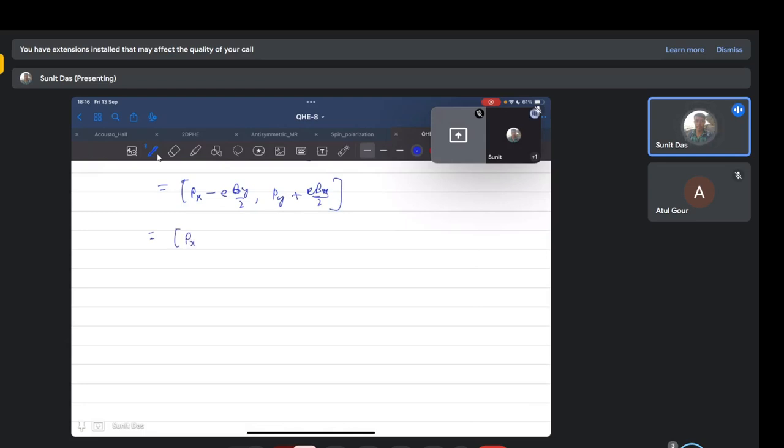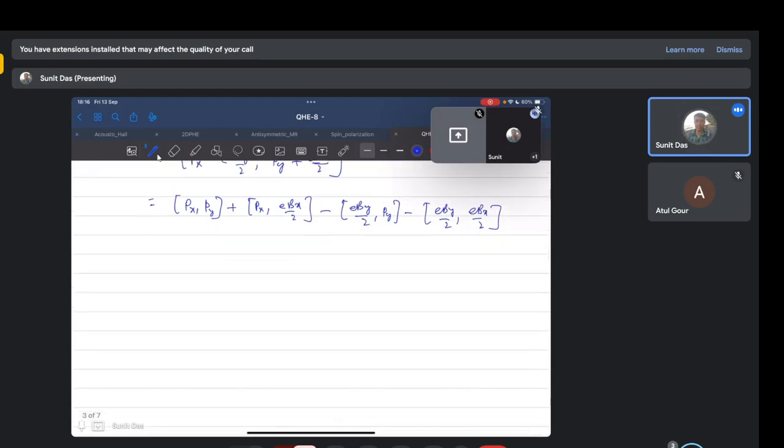Now if we simply write each part separately, then we'll have eBx by 2 and then minus eBy by 2 py, and then minus again eBy by 2, eBx by 2 and so on.